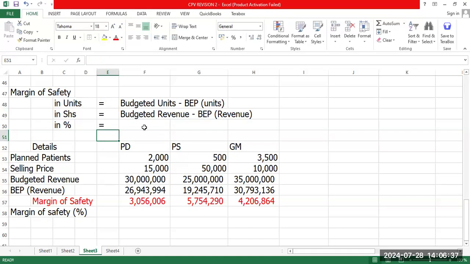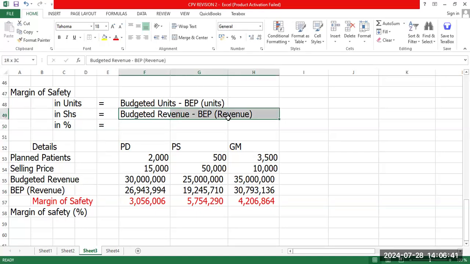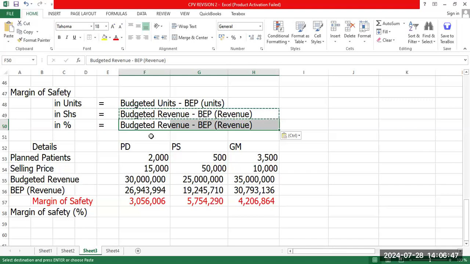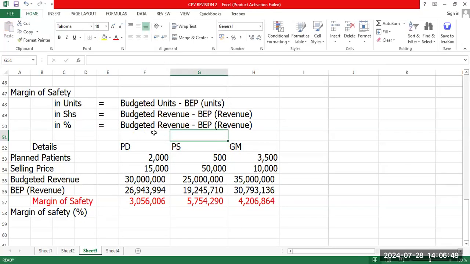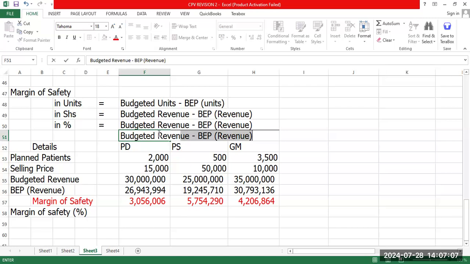Actually, we just get this one, the one you have above, then divide everything by the budgeted revenue.